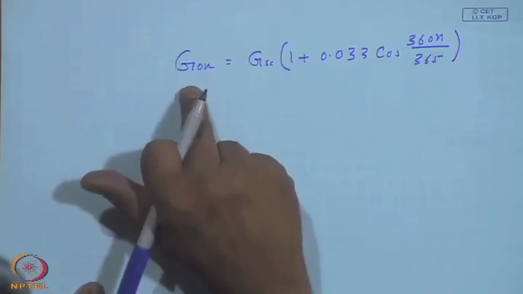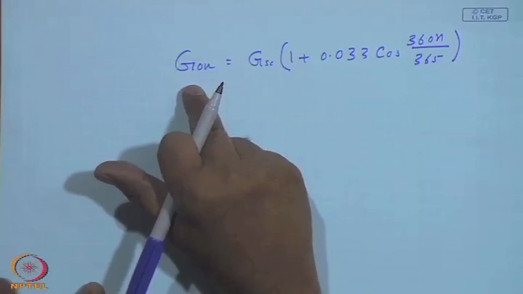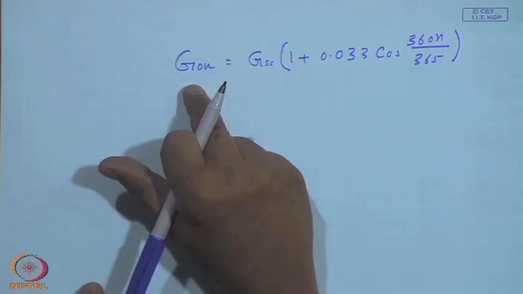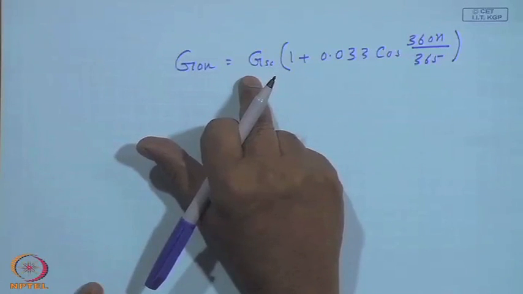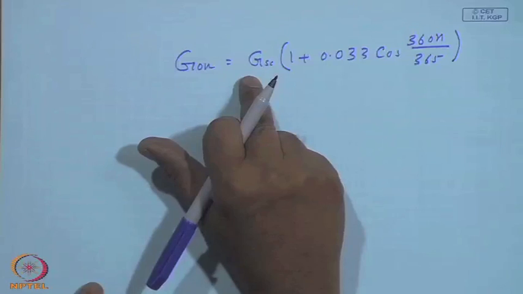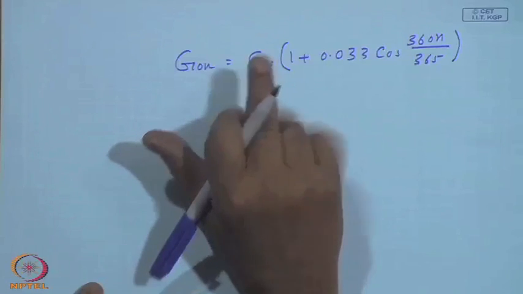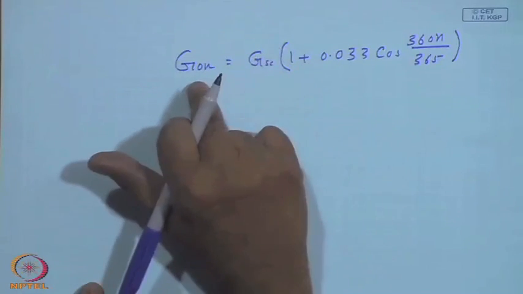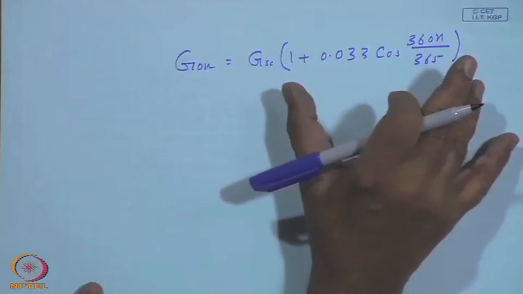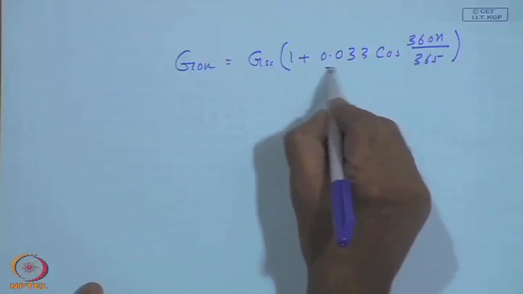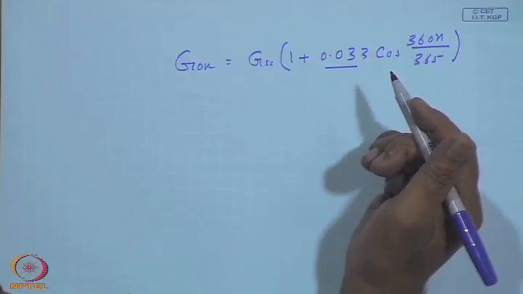This is nothing but the radiation normal to the plane, because we defined G_SC as the solar radiation on a plane normal to the sun's rays kept at the sun-to-earth mean distance. Whereas, if I use the current distance, it gets modified by the elliptic nature of the earth's orbit by this amount, which is about plus or minus 3%.